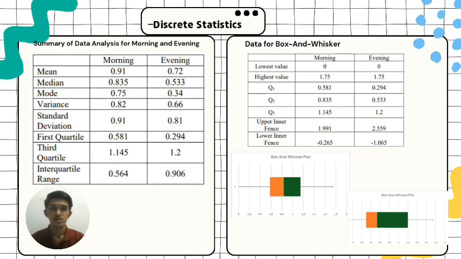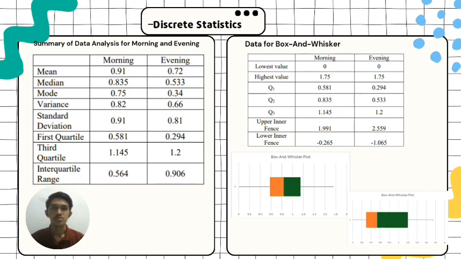For quartile 1, the value is 0.581, quartile 2 is 0.835, quartile 3 is 1.145, the upper inner fence is 1.991, and the lower inner fence is negative 0.265. After we construct the box and whisker plot, there is no outlier.